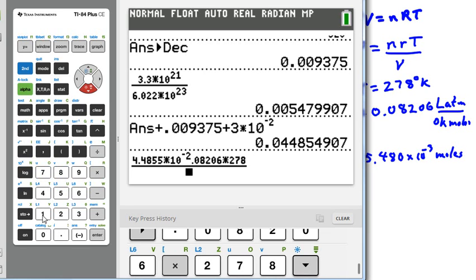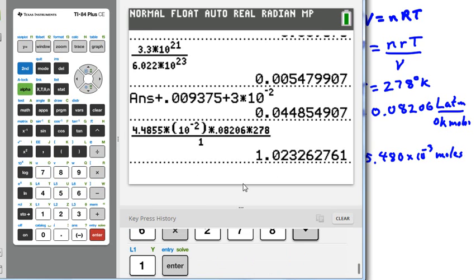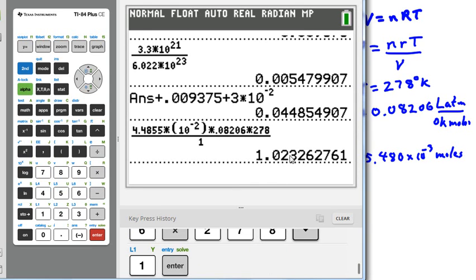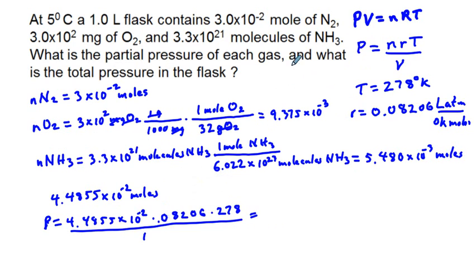So this is our pressure right here, which is going to be in atmospheres. To 4 decimal places, 1.0233 atmospheres. So that's going to be a big part of our answer right there.